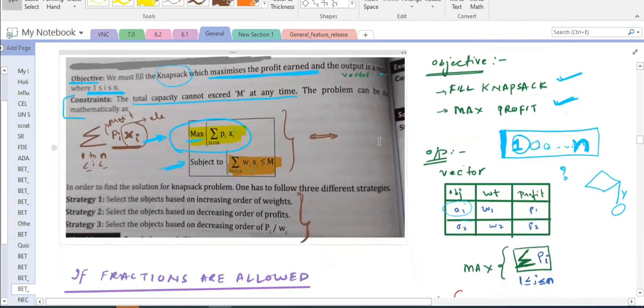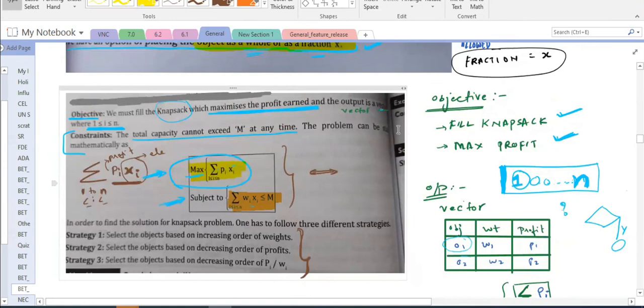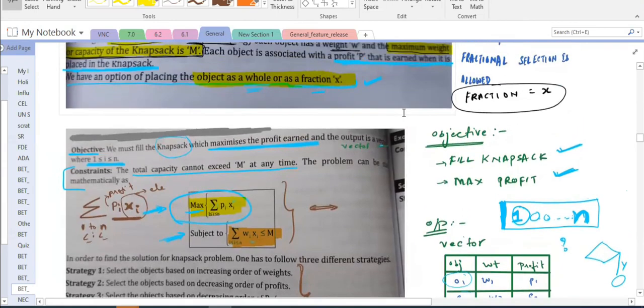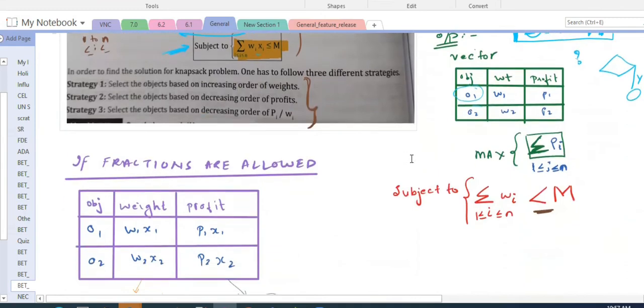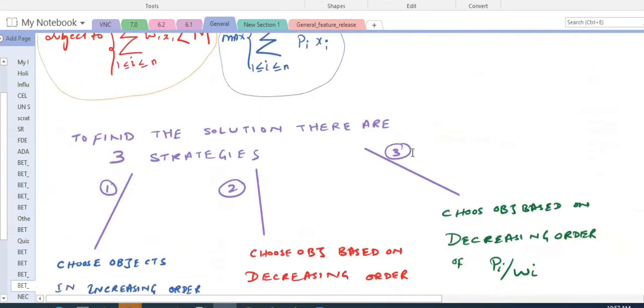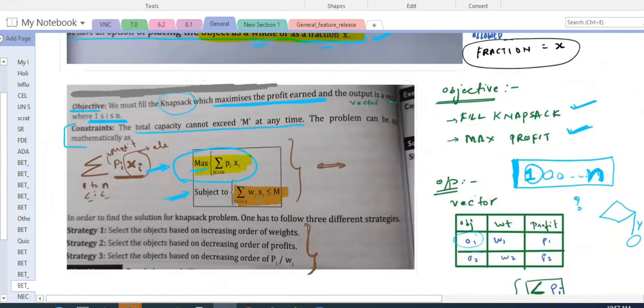In a general knapsack problem, are fractions allowed? Yes, ma'am. There could be a special case where fractions are not allowed. That is nothing but the 0-1 knapsack problem. I'll just mention it here.